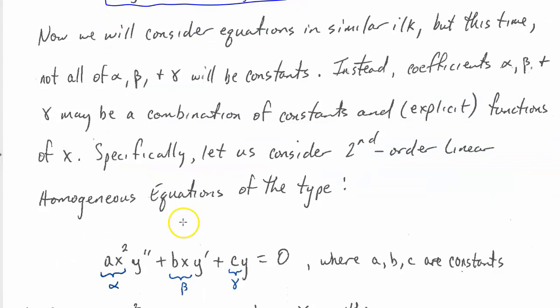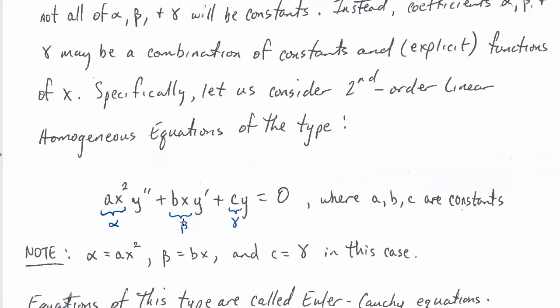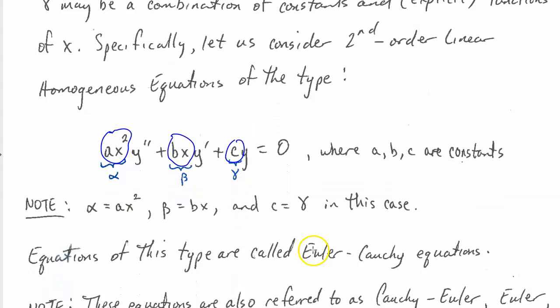So I'm going to scroll down here. As you can see here, this is technically a coefficient of our equation. This is technically a coefficient, and this is technically 1. But you see here alpha and beta are actually functions of x, where gamma here is actually still a real number constant.